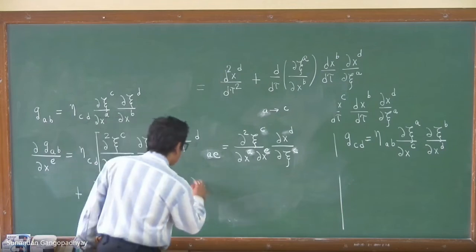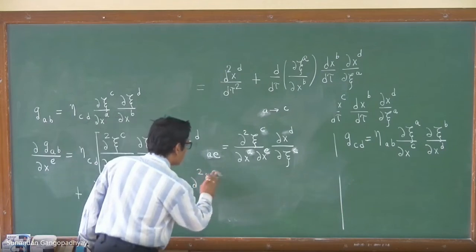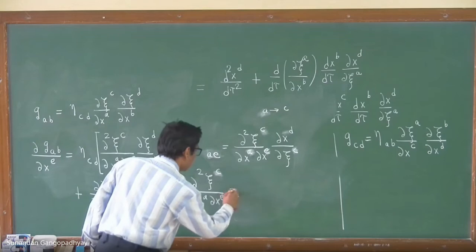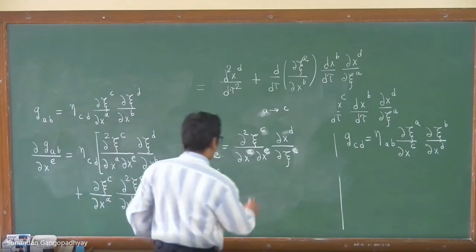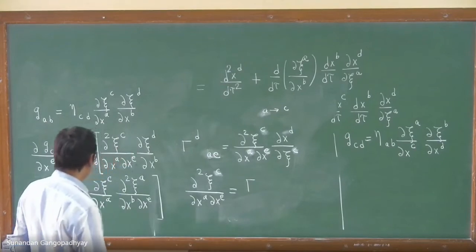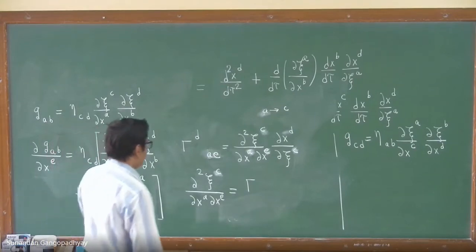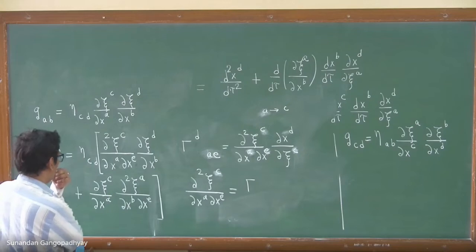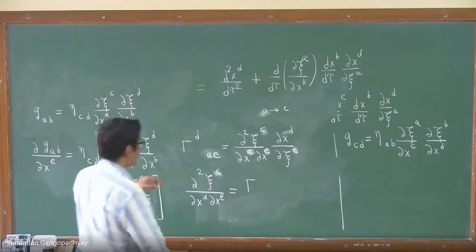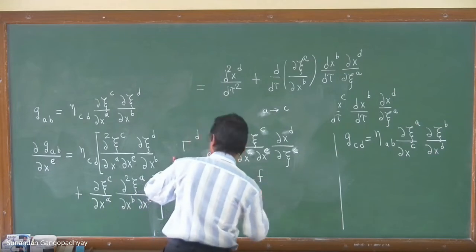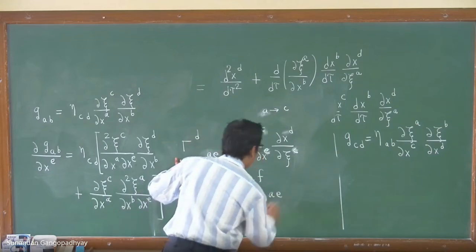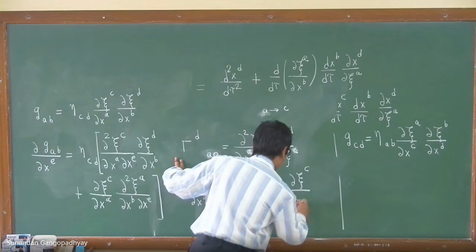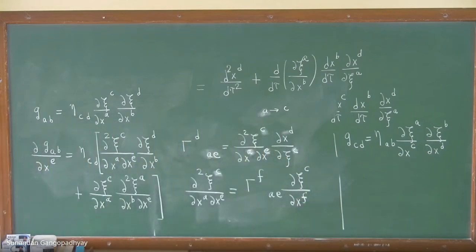You can straight away write the following: del squared psi^c over del x^a del x^e equal to gamma^f_ae del psi^c over del x^f. You can make this replacement.